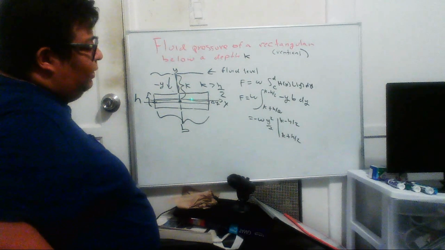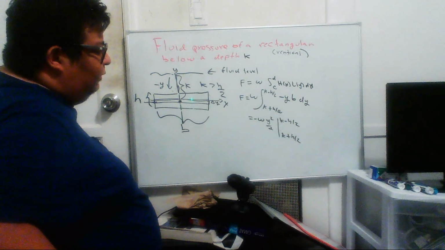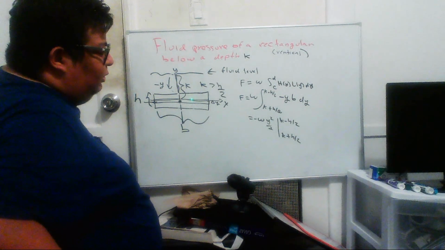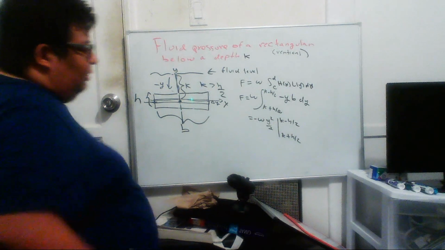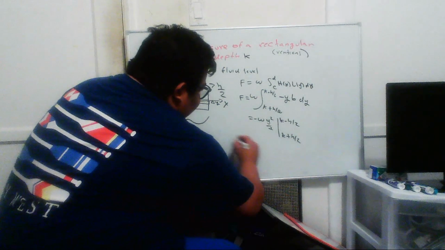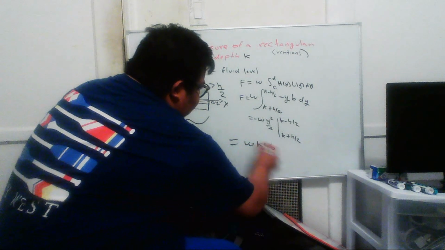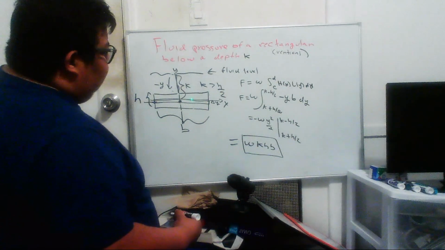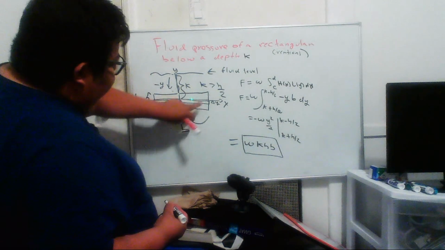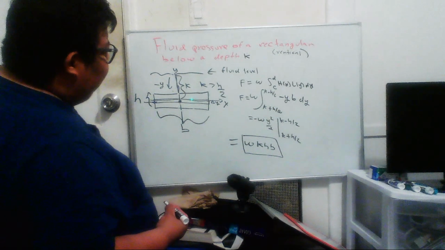And then you plug in your upper and lower limits into y, and you should definitely get your final answer, which will be omega k h b. Don't forget the b. I didn't write it before, but don't forget it. So remember, finding the limits is the hardest part of this problem, but you can do it easily with a picture.